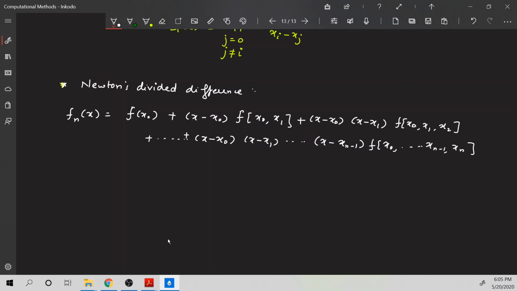So this is the equation for Newton's interpolating polynomial, or Newton's divided difference method.